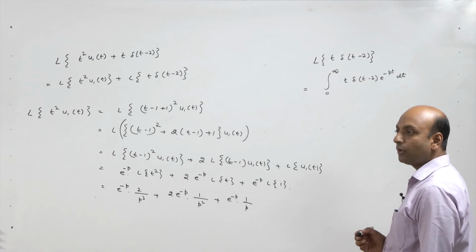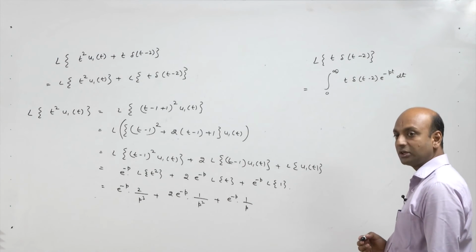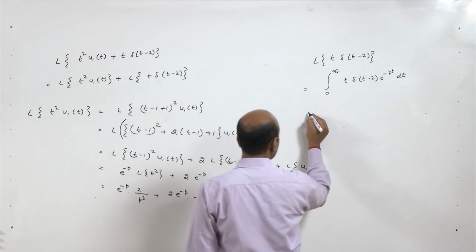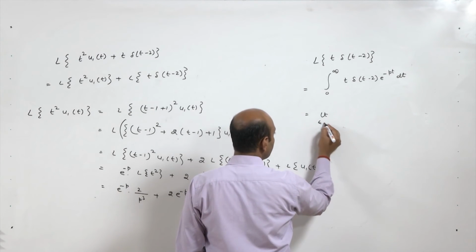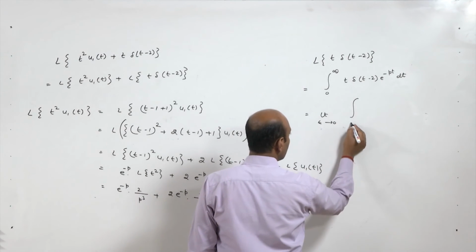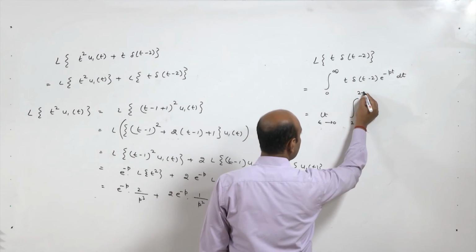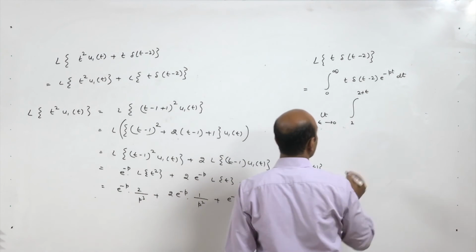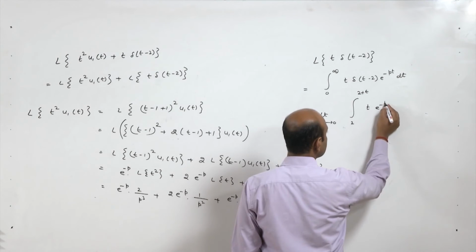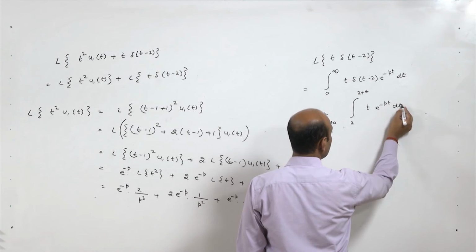Applying the definition of the Dirac delta function, it is nothing but limit epsilon tends to 0 of the integral from 2 to 2 plus epsilon of t e power minus pt dt upon epsilon.